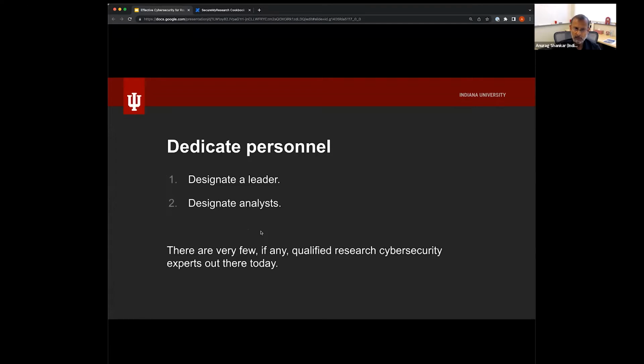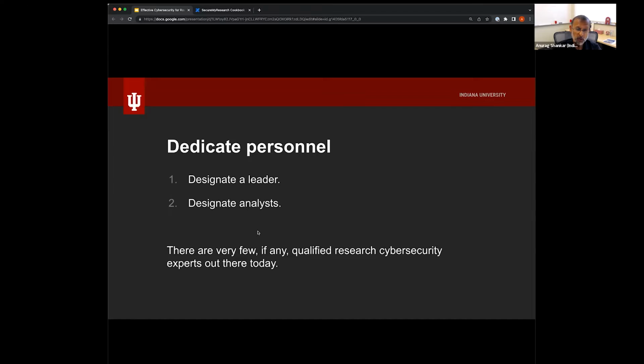You have to have dedicated personnel to do this properly. You have to have someone lead or build this research cybersecurity program, and then have people that will actually help the researchers. The problem right now is that there are not that many people who are qualified, and they don't completely understand what's involved in providing research cybersecurity. So these are people we have to grow going forward. However, the paper talks about the kinds of people that would be ideal.